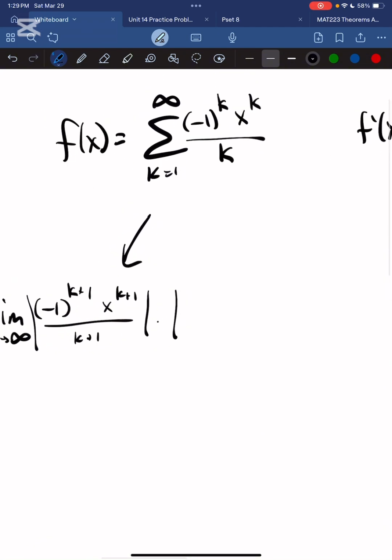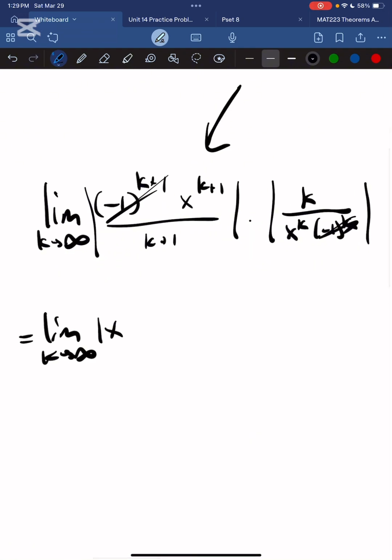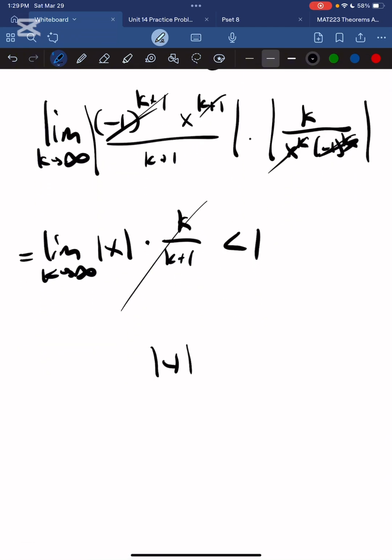We have our absolute values, and since it's absolute values, the negative 1s become 1s. Now we're left with the absolute value of x, because the k's cancel out, times k over k plus 1. All this has to be less than 1, and this cancels out the 1. So we know the interval of convergence is x between negative 1 and 1.